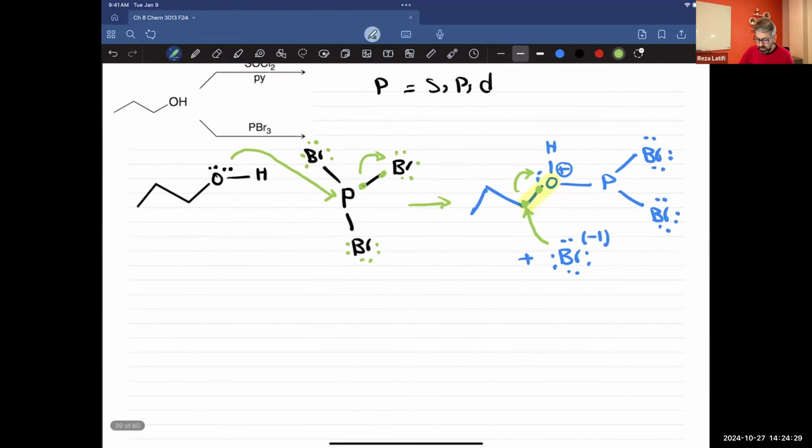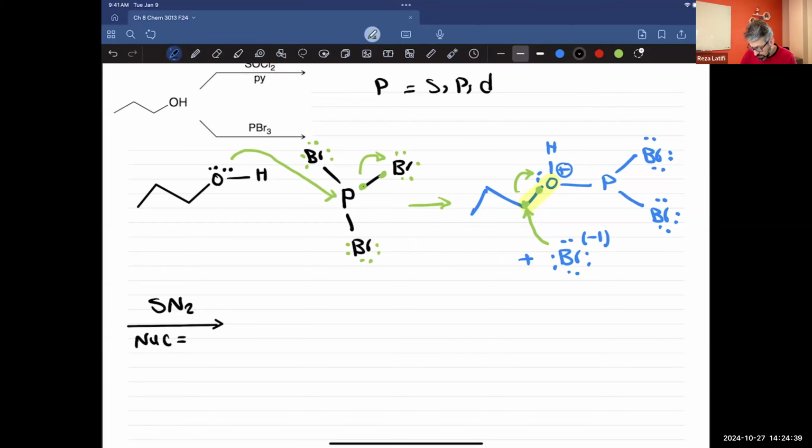If it attacks that carbon, we will get this product. So the next step of the chemical reaction is an SN2 reaction. Our nucleophile will be the bromide, and bromide will go after carbon and be inserted onto that carbon there.